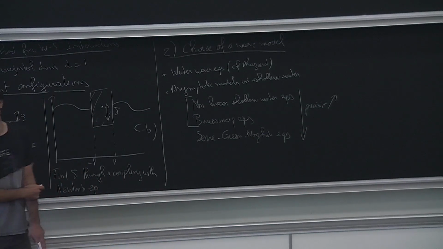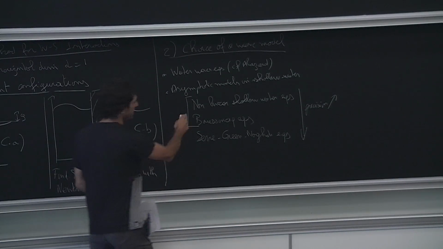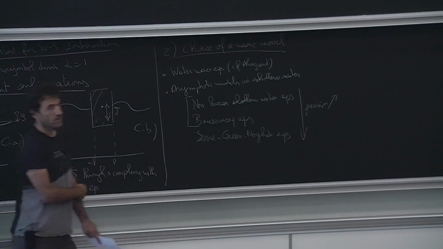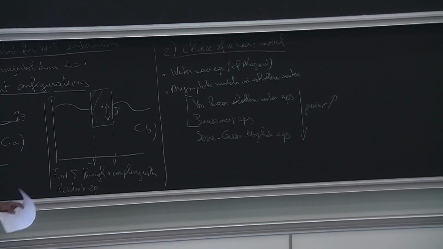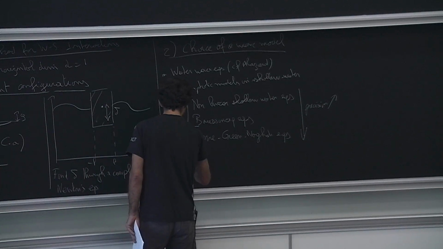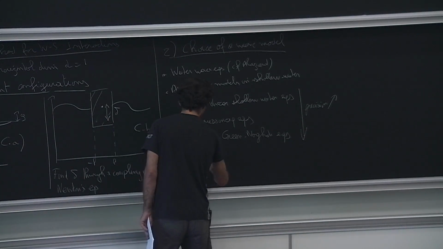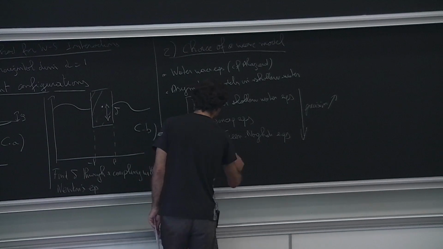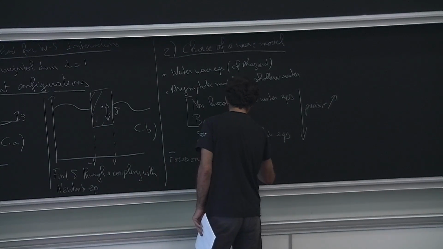I will essentially do the analysis of this model and Geoffrey the analysis of the Boussinesq system. The reason for this: we focus on the nonlinear shallow water equations and the Boussinesq equations.